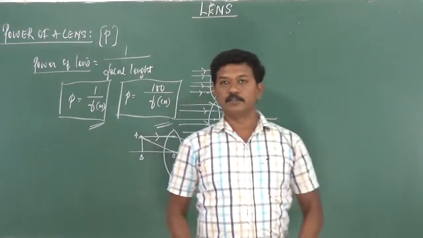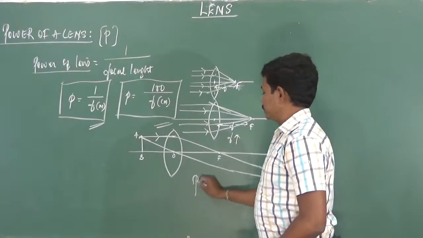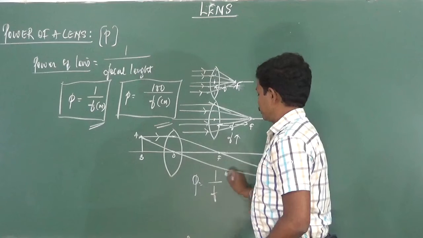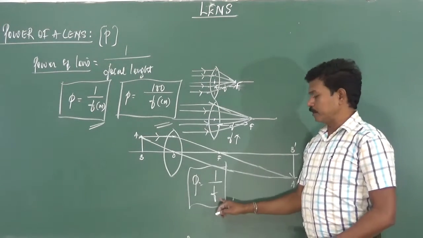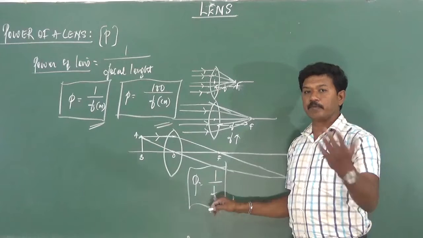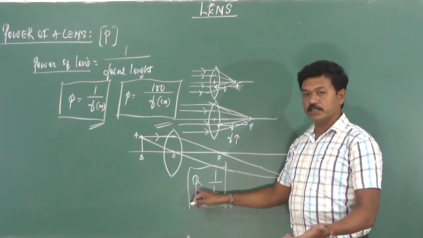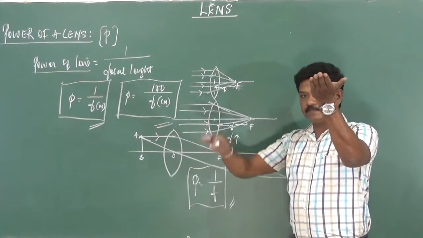So very simple. P is inversely proportional to 1 by F. This shows that more the focal length, less the power of the lens; less the focal length, more the power of the lens.